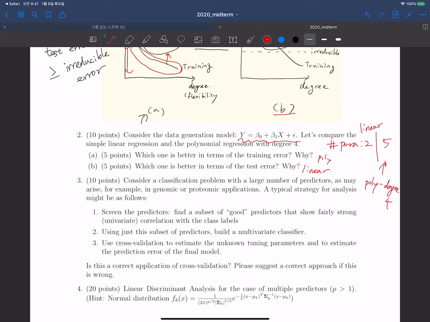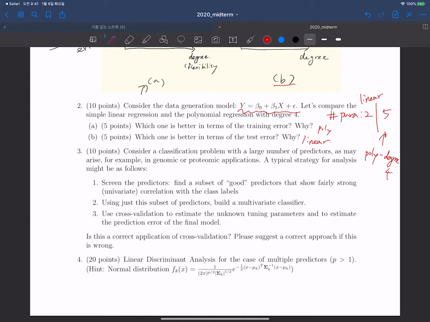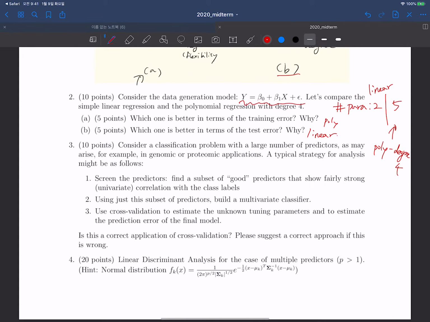Okay, the third question is the cross-validation strategy. Essentially, this is very important when you train something with your own data set.